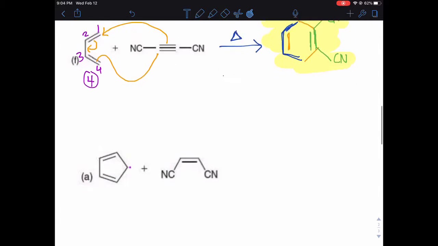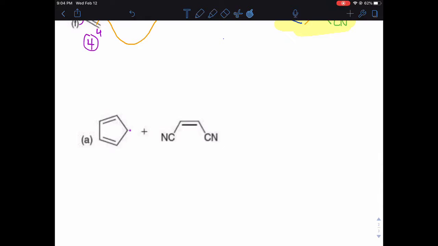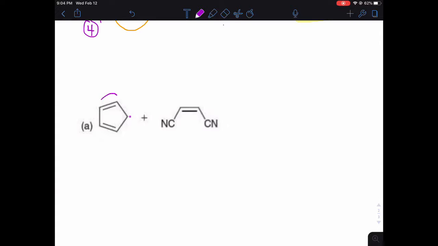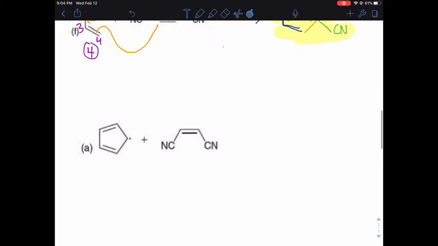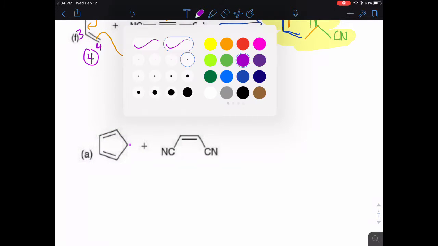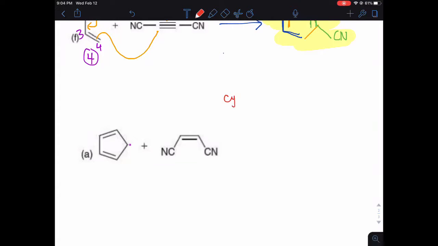So let's look at another situation. This time our diene is cyclic, right? Previously we've looked at our diene that is acyclic. Now our diene is cyclic. How do we go about this? So whenever you have a cyclic diene, you're going to end up with a bicyclic product.